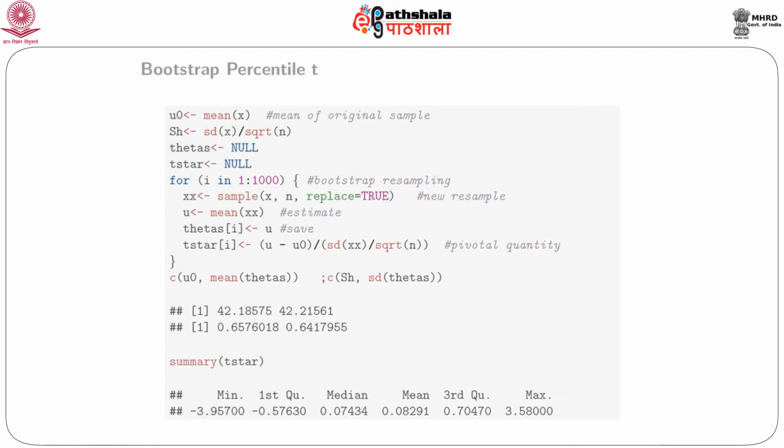Now, the bootstrap percentile T confidence interval. So, here what we do, we follow the same steps, but we also compute the pivotal quantity.